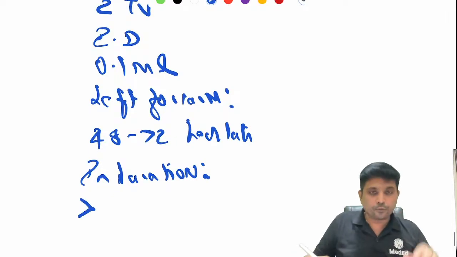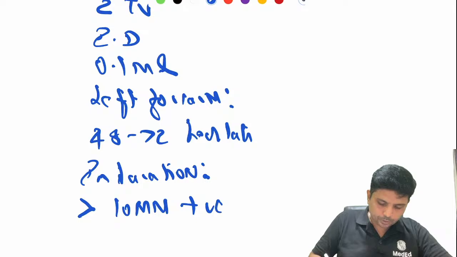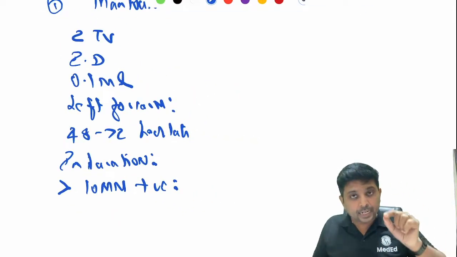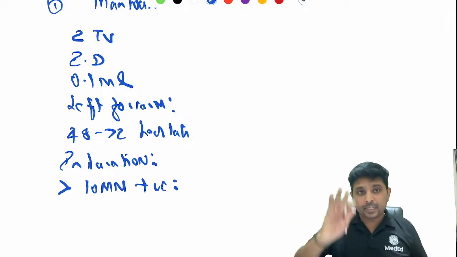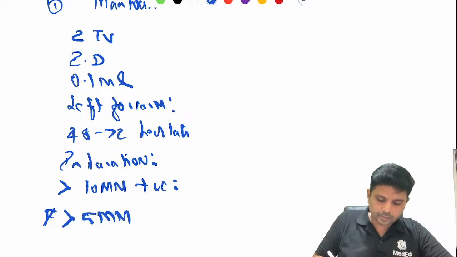An induration of more than 10 millimeters is considered positive, meaning that the child is infected with Mycobacterium tuberculosis. It doesn't mean that there is disease. For an HIV patient, more than 5 millimeters is said to be positive.